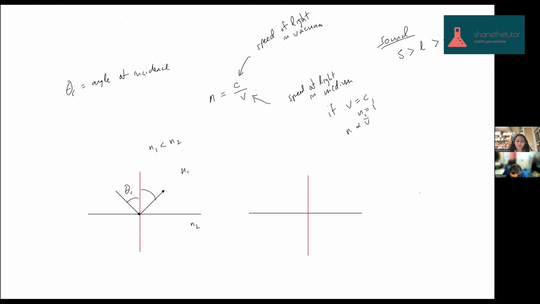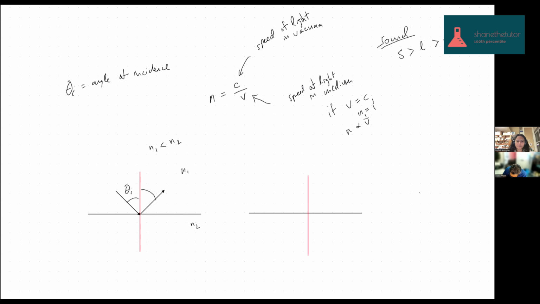Now, as light goes through to the next medium, it's going to start to bend, and that's what we call refraction. If it's going into a more dense medium, it can bend either towards the normal. The normal is just this vertical red line that I drew.